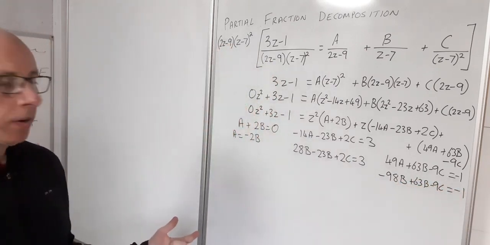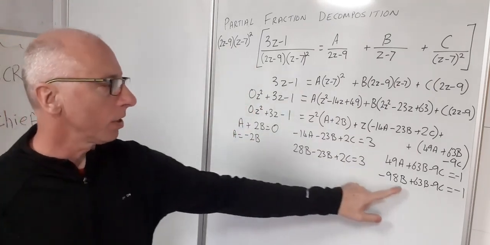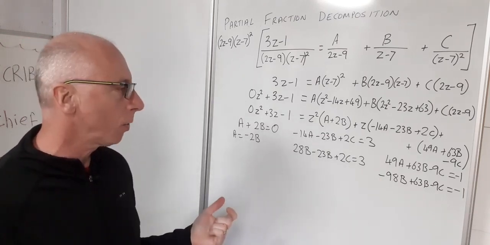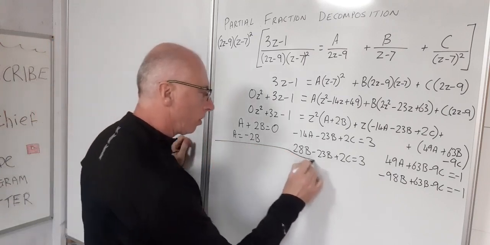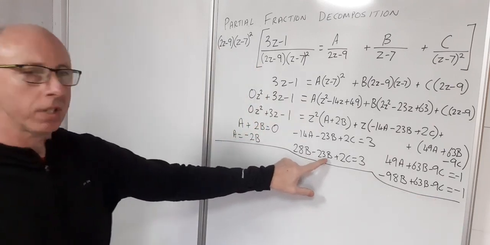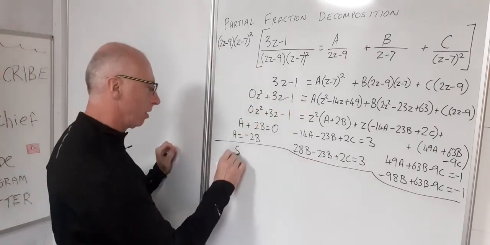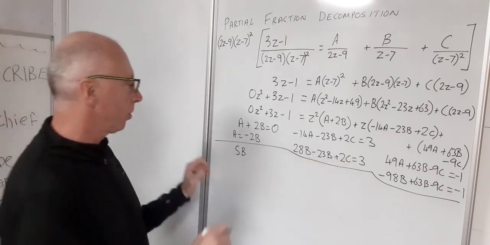Okay, so we can see what's going on here now. I've got two equations, two variables, so they're simultaneous equations. Hopefully I can solve. So let's draw a line under all of these equations for now. So let's bring this one across simplified. 28b minus 23b gives me 5b, so that looks a lot easier to handle, plus 2c equals 3.